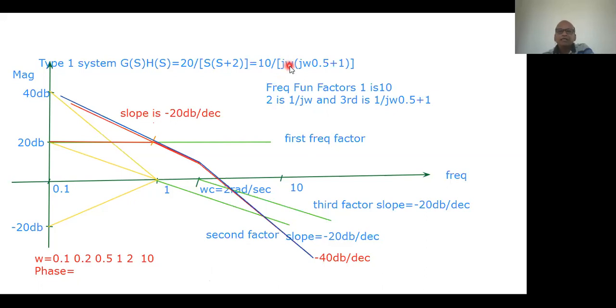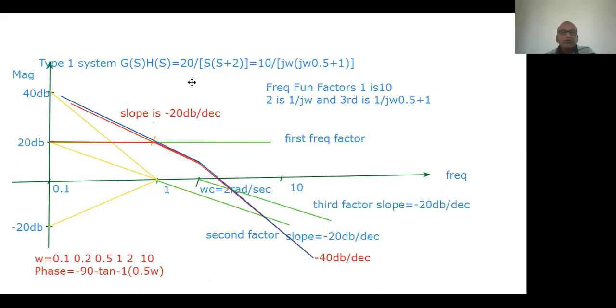Then the phase equals minus 90 minus tan inverse of the imaginary part, 0.5 omega divided by 1.